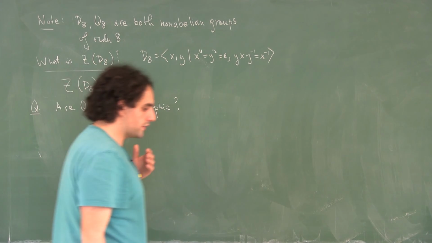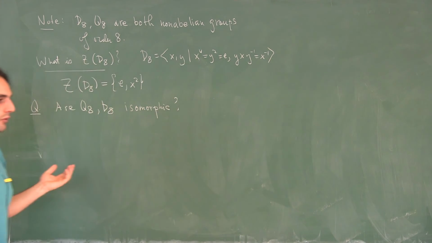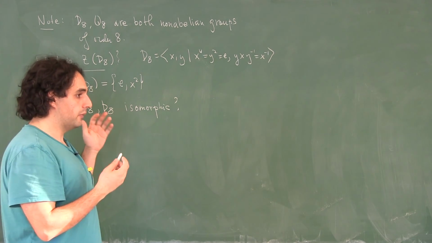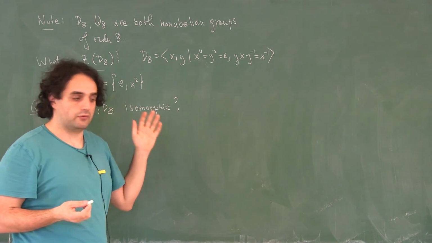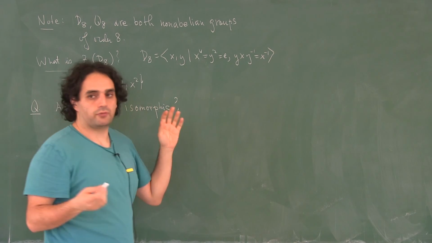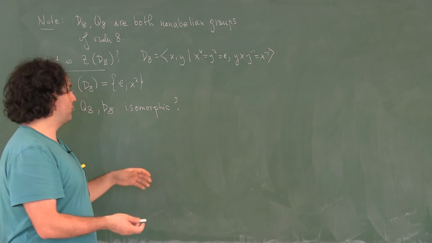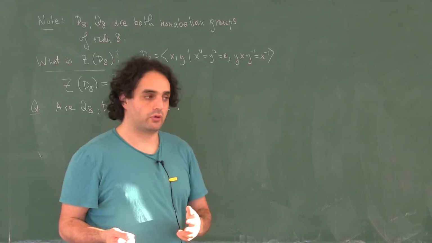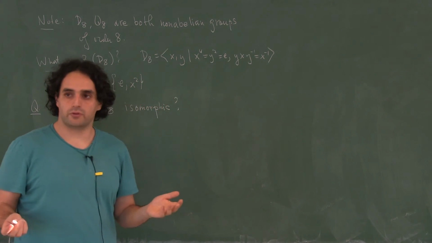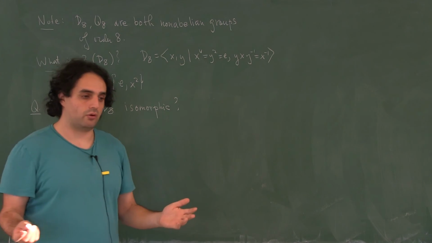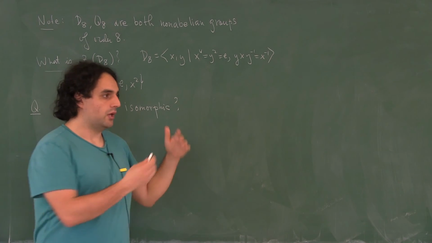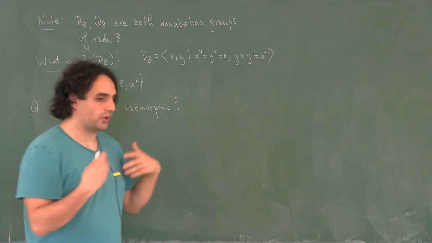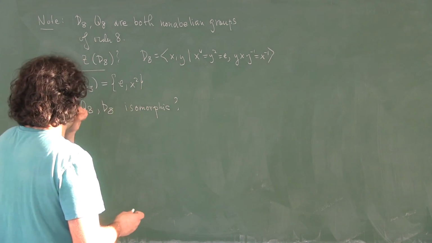To study this further, we can make tables of the number of elements of each order in groups of a fixed order. If two groups have a different number of elements of order 2, for example, we immediately know those two groups can't be isomorphic. If our two groups have the same number of elements of order 2, it doesn't mean that they're isomorphic. It means we have to look further.